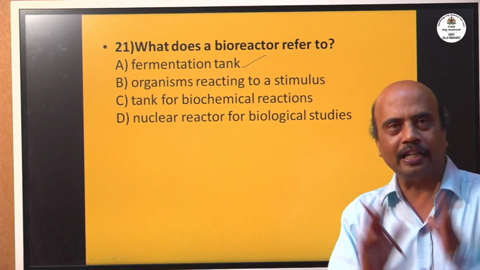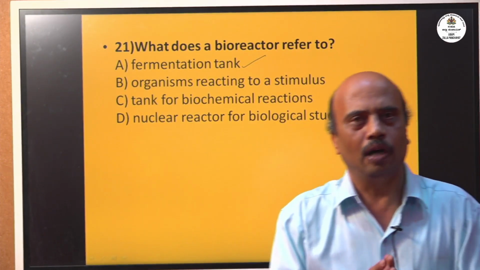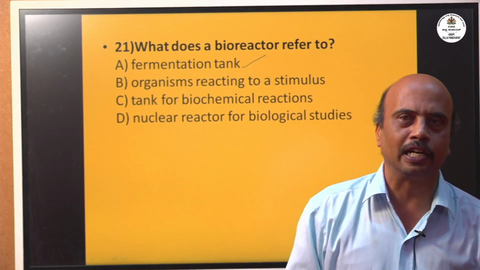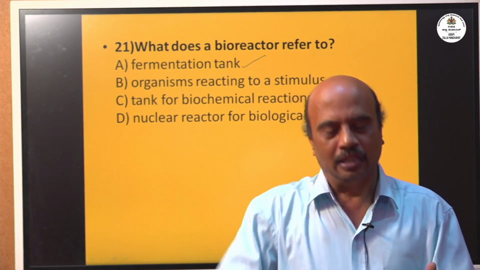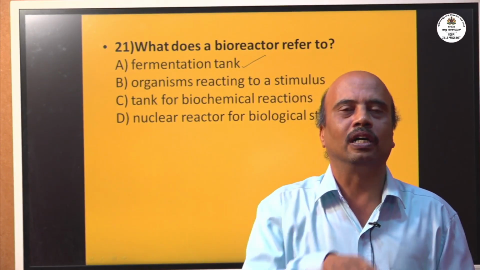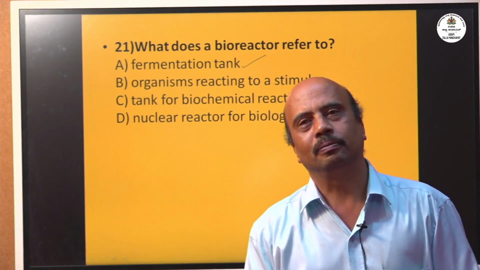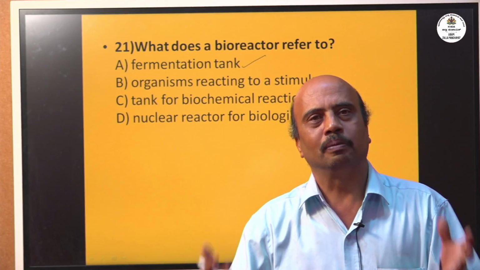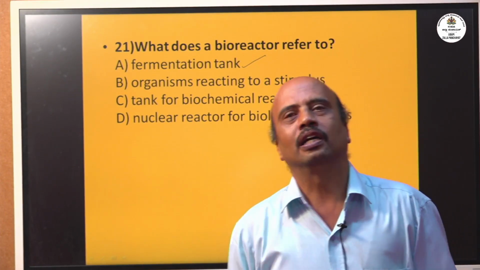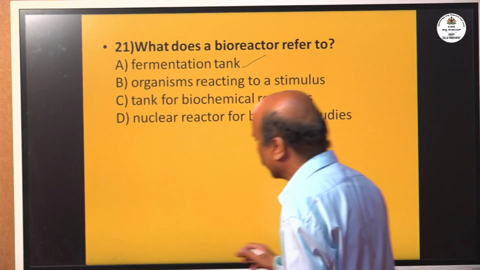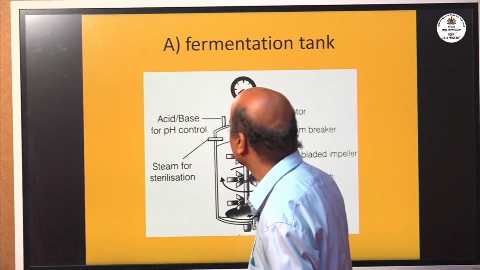So in a bioreactor, all the conditions are properly maintained: pH, temperature, and easy availability of oxygen throughout the bioreactor are all made by special conditions. So this is a bioreactor.